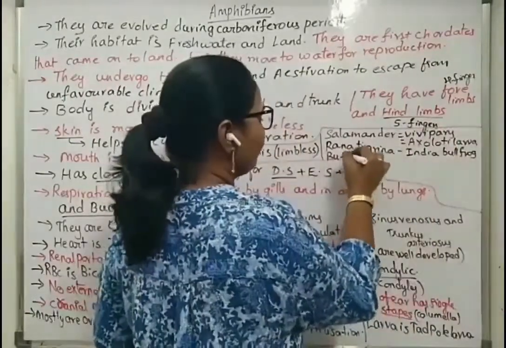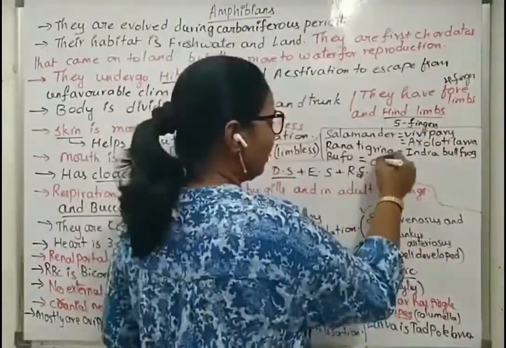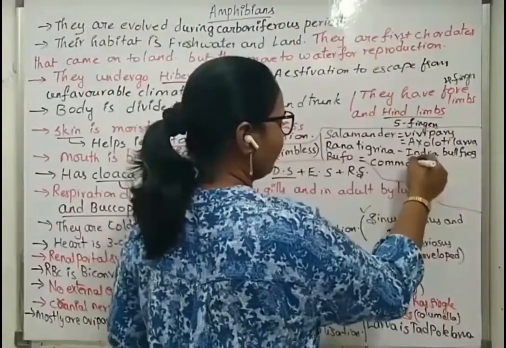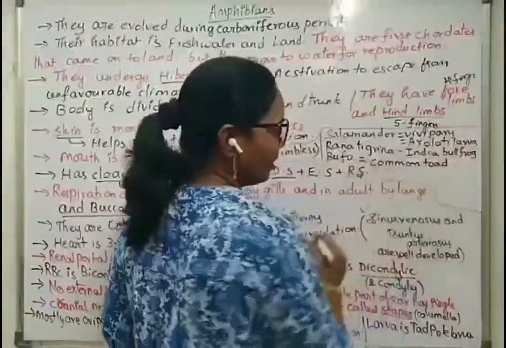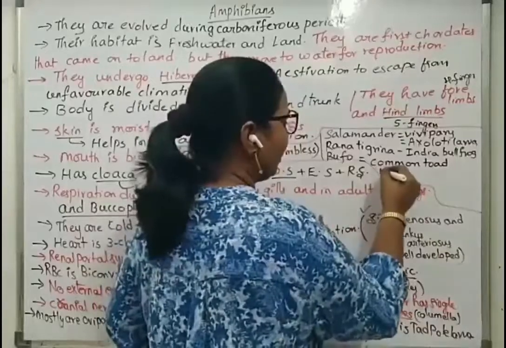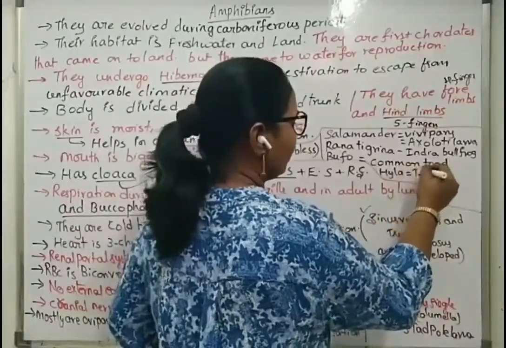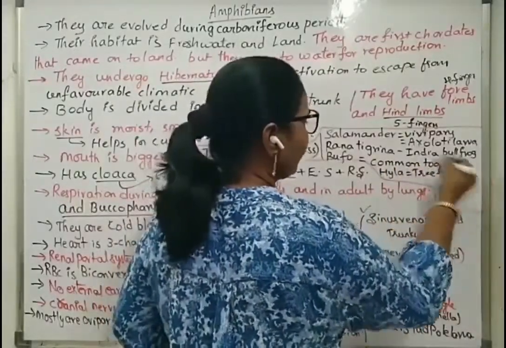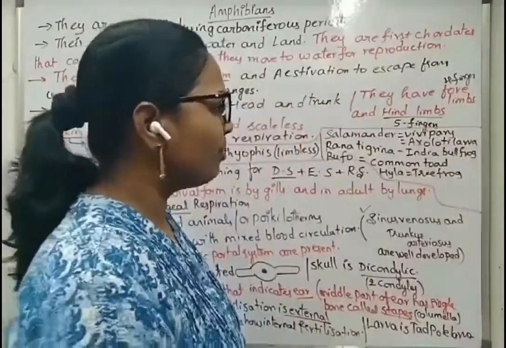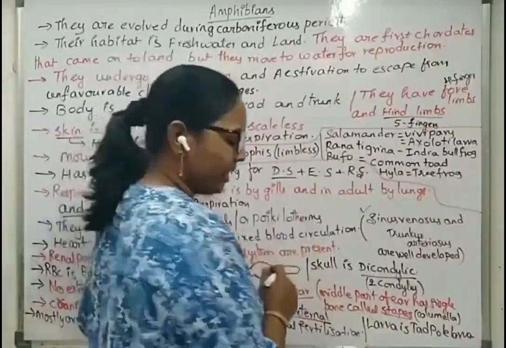Next, Bufo, that is the common toad, toad frogs. Next, Hyla, the tree frog. You can see this one in different colors also, mostly lightish yellow or green in color.